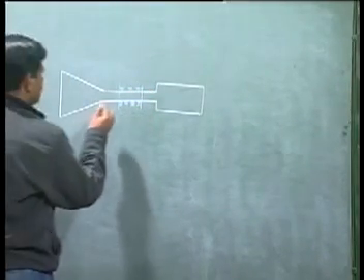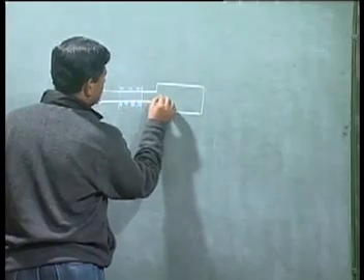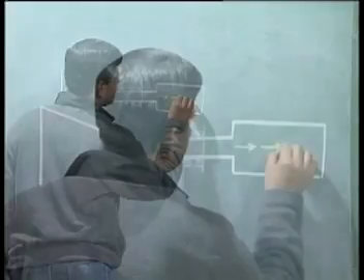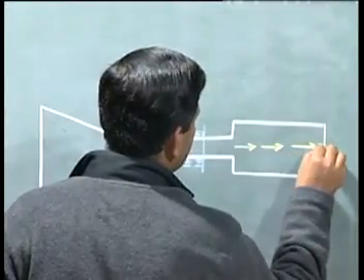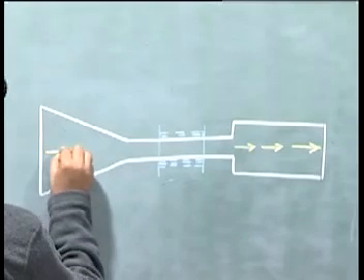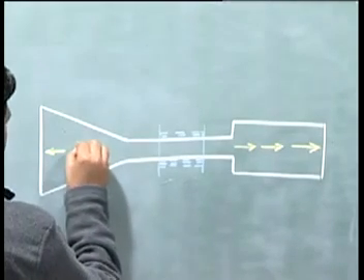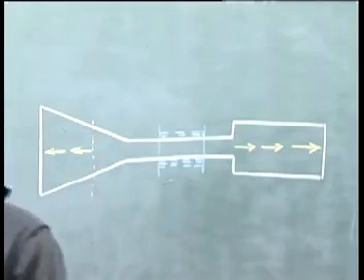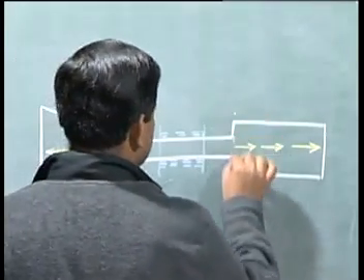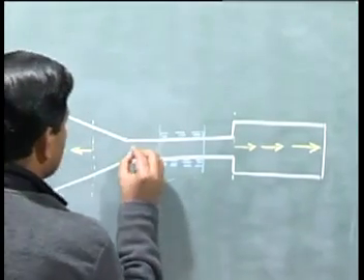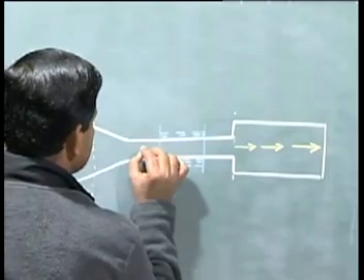I may have a distributed force of some intensity in this region, and I may have some other intensity in this region. Okay. Further, I may have point loads somewhere here.